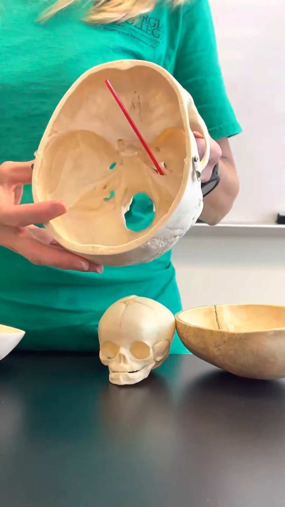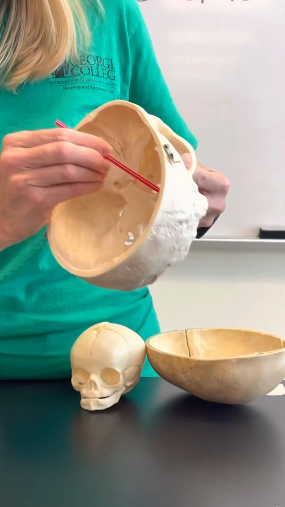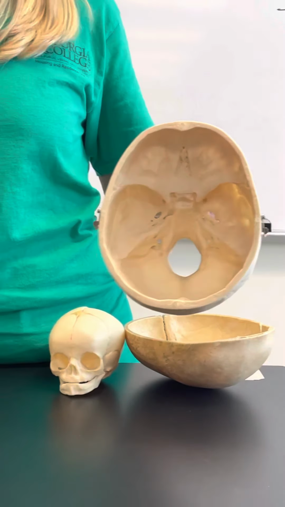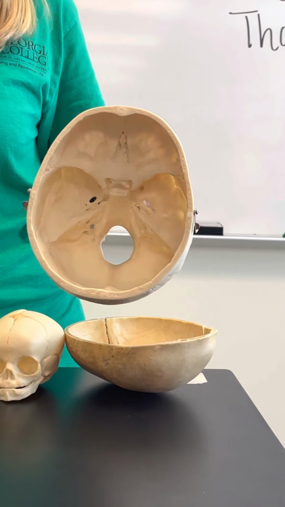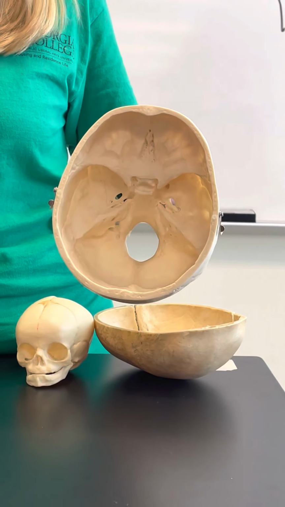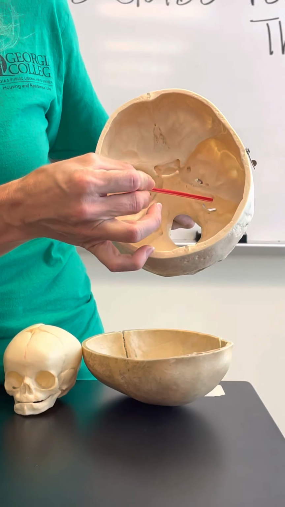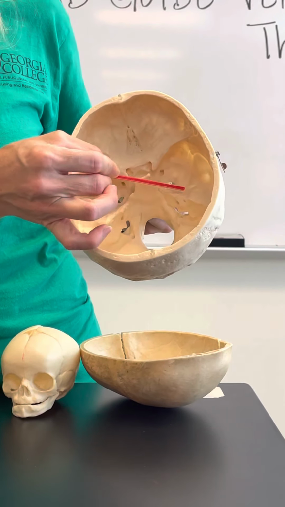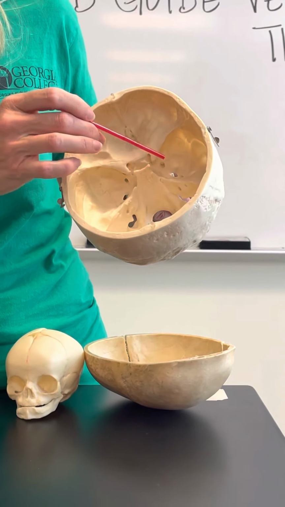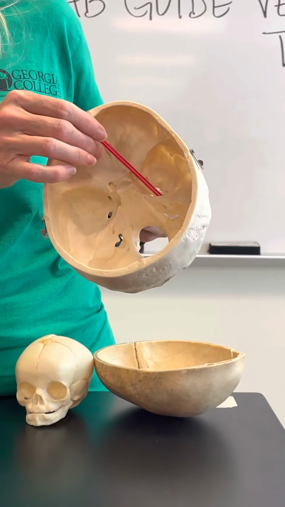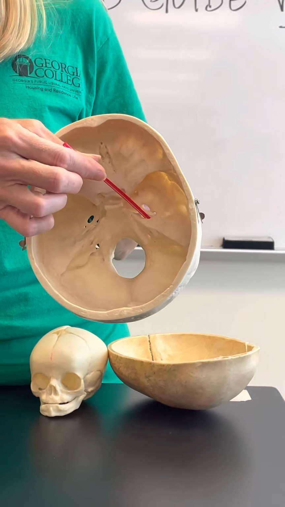So let me give you a way to remember this. Sometimes you've got so much stuff to learn that if you put a little story to it, it helps to learn it a little bit better. So there's this bony structure in here, and it kind of looks like a mini mountain, okay? On one side of the mountain, there's a carotid canal, and you could hide in that.